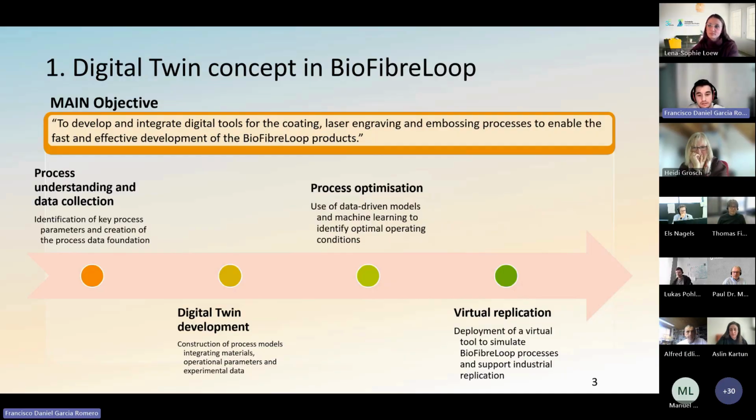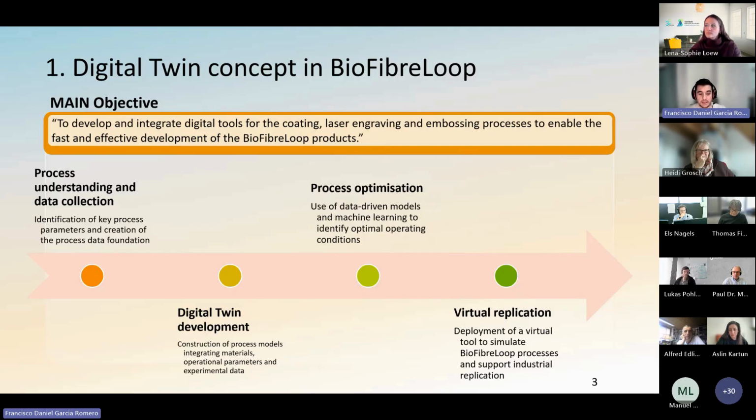There are 4 phases of the development of the digital twin, and we are mostly in the middle of it. We started by understanding the process and collecting the key process parameters and creating a first database that we could use to start with the digital twin development.